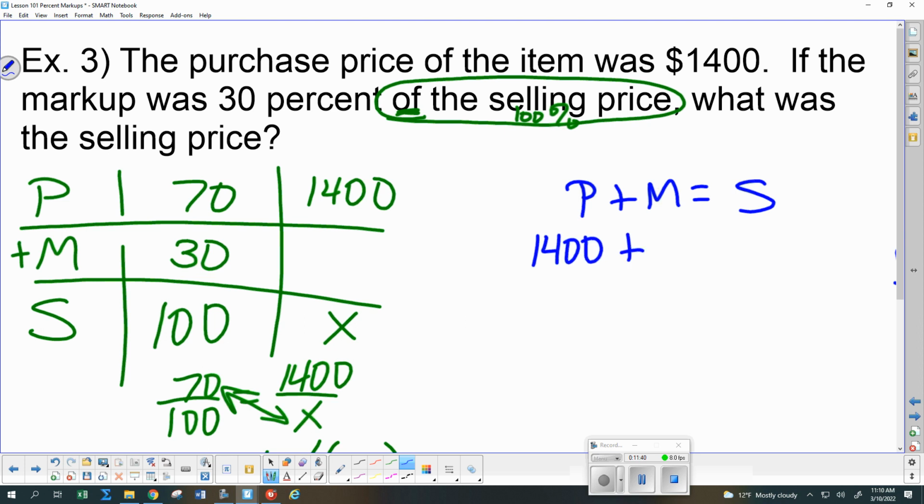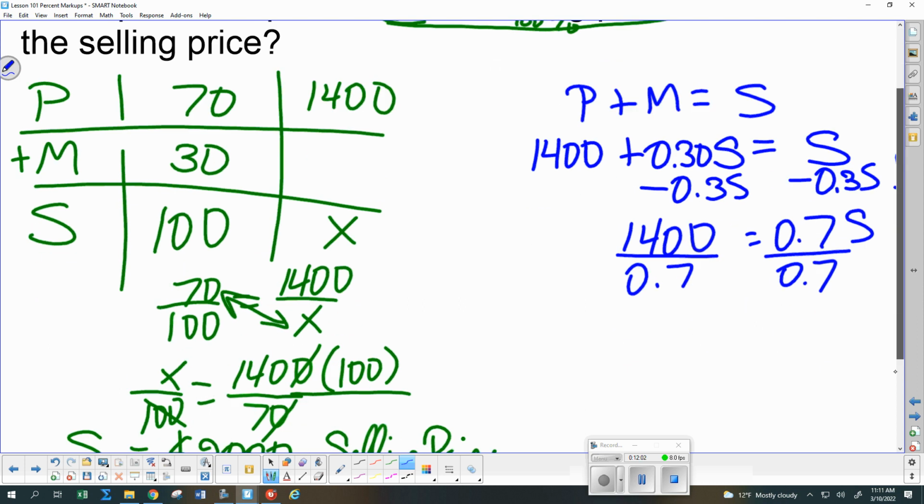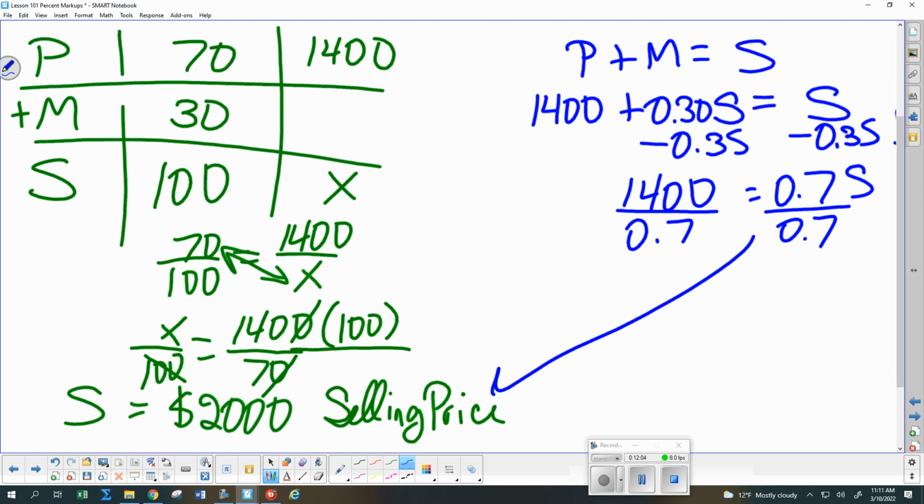The markup was 30%, so 0.30 of the selling, so times the selling. Then if I subtract 0.3S from both sides, 1 minus 0.3 is 0.7. And if I divide both sides by 0.7, once again, I get the $2,000 for the selling price. Thumbs up, thumbs down on that one.